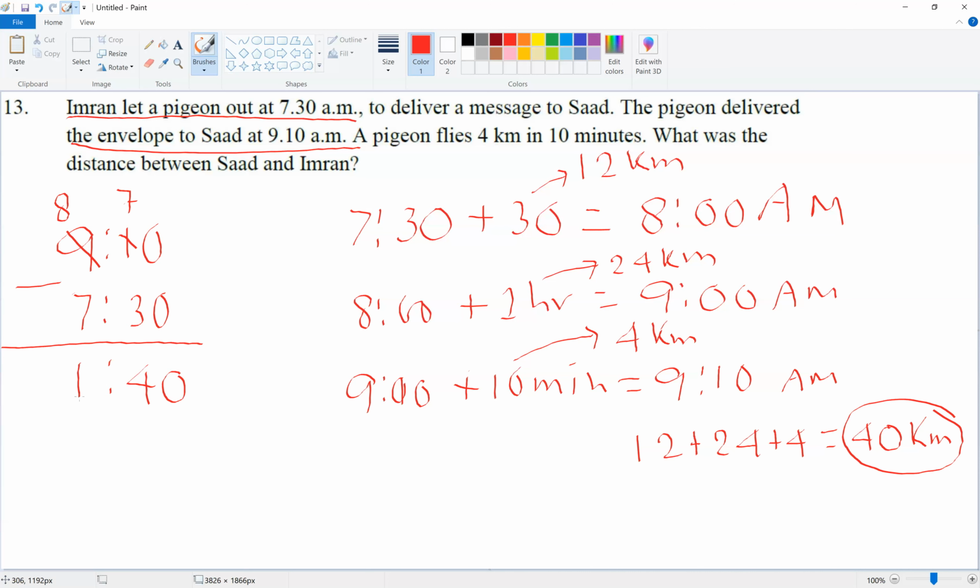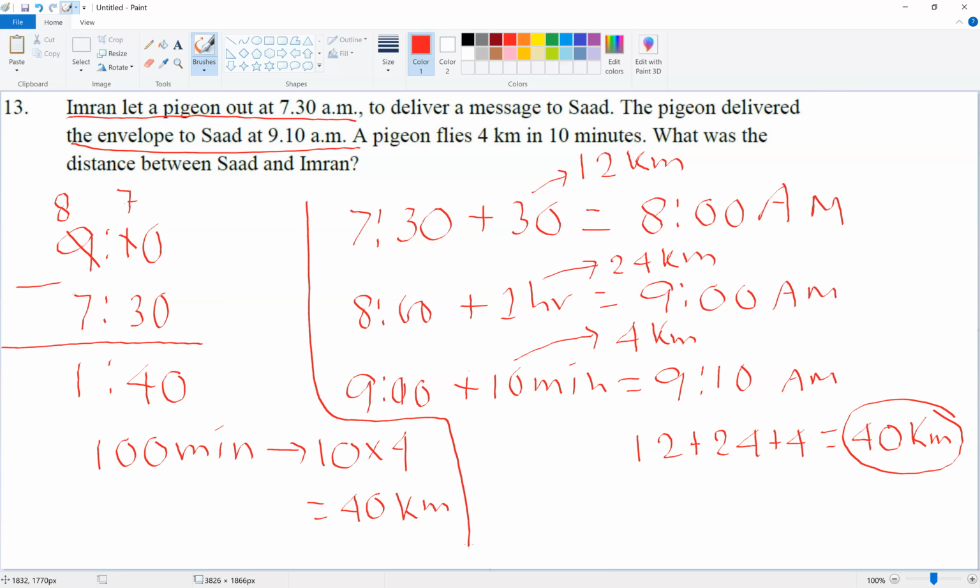So 1 hour 40 minutes, which is 100 minutes, which means there will be 10 times 4, which is 40 kilometers. Do you understand this method? Yeah. Might be a little easier instead of doing step by step.